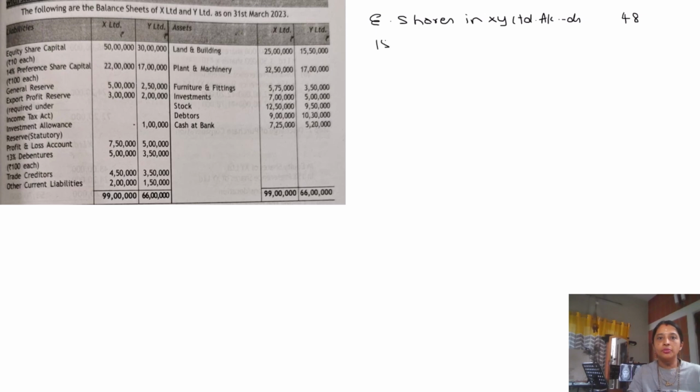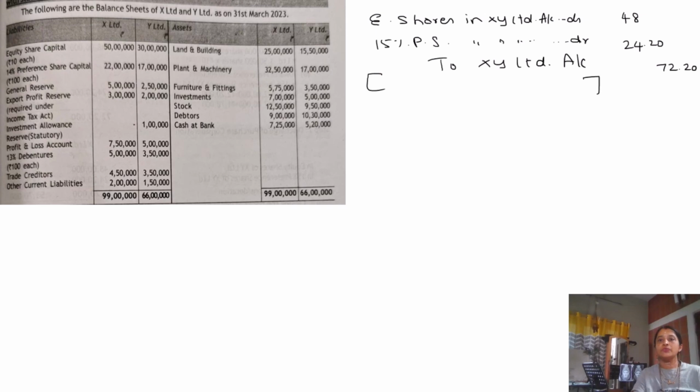Then 15% preference shares in XY Limited account, debit. How many preference shares were given? 24 lakhs 20,000 to XY Limited account. What is the total PC? 72 lakhs 20,000. This is the total PC. So this is being PC received. Being PC received. So these were the compulsory entries.